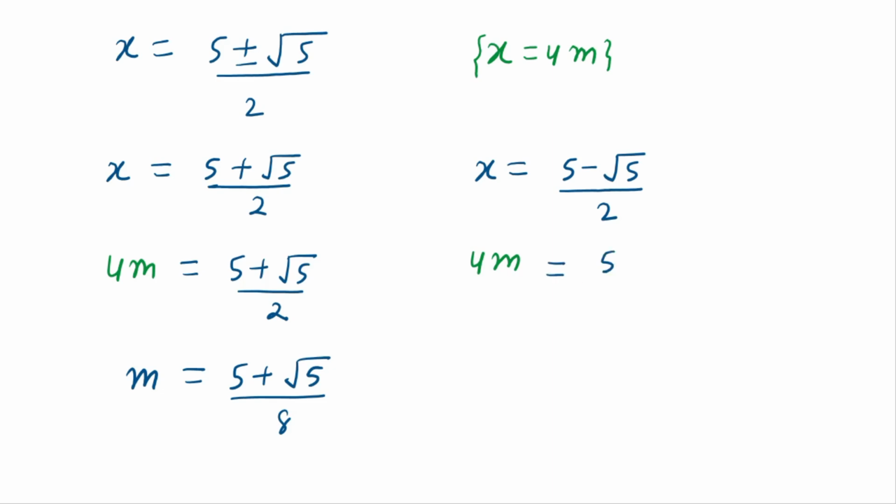And 4m is equal to (5 − square root of 5) divided by 2, then the value of m is equal to (5 − square root of 5) over 8. This is our second solution and this is our third solution. This is our final answer.